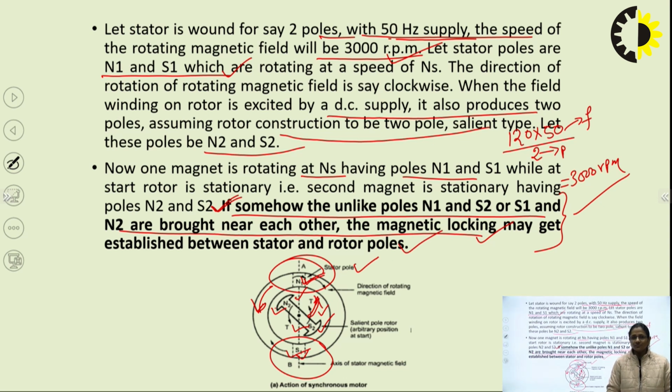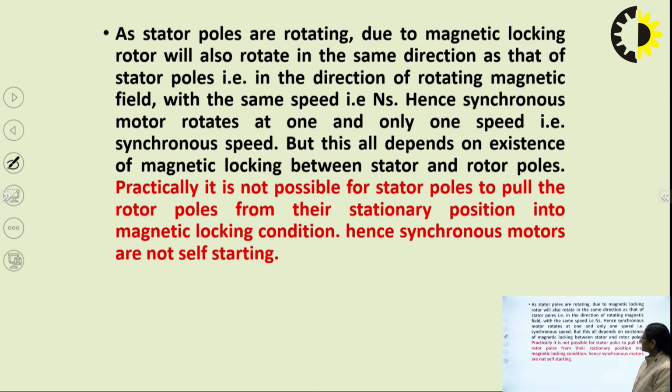And as we know, the stator poles are rotating at a constant speed of ns. So after magnetic locking takes place, the rotor poles will start rotating in the same direction at the same speed of ns rpm.